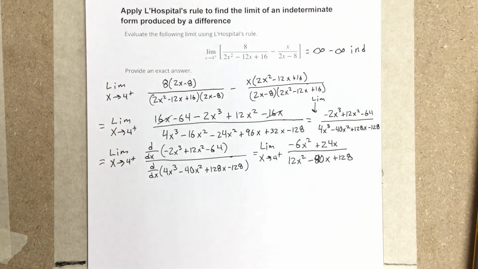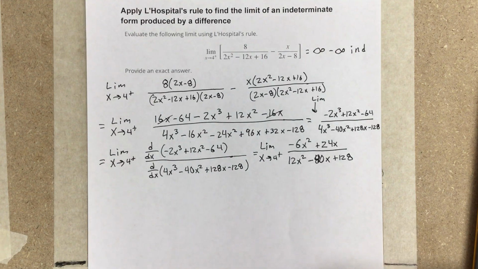So we're going to want to evaluate that. We're going to plug that in the calculator and see what we get. So negative 6x squared plus 24x, and then 12x squared minus 80x plus 128. Okay, so when we plug that in right now, we're getting something that's going to get us close to where we want to be.